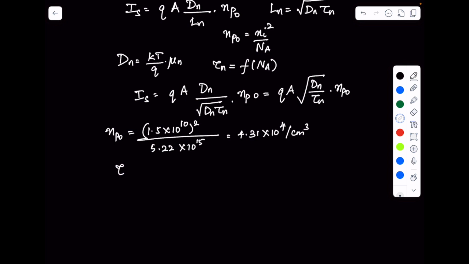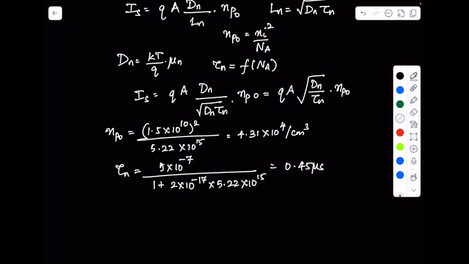Now tau n we know is dependent on the doping concentration, so it's 5 into 10 power minus 7 divided by 1 into 2 power minus 17 into 5.22 into 10 power 15, and that's 0.45 microsecond. So that's your minority carrier lifetime. So you know the minority carrier lifetime, you know the mobility, you know the Np naught, from which you can calculate your A, and your A works out to be 0.0186 centimeter squared.